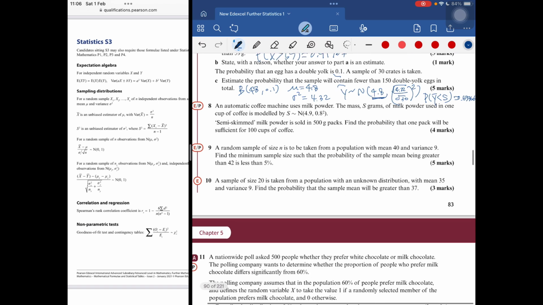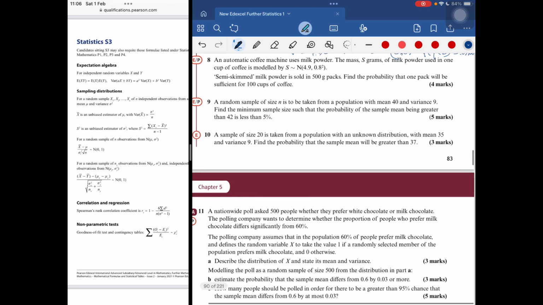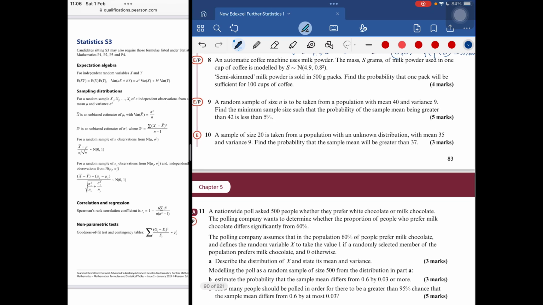So let's go to number 8. An automatic coffee machine uses milk powder. Semi-skimmed milk powder is sold in 500 gram packs. So what is the probability that 1 pack will be sufficient for 100 cups of coffee? We have a sample size of 100.